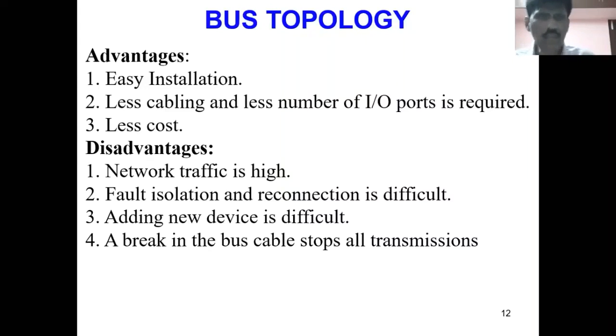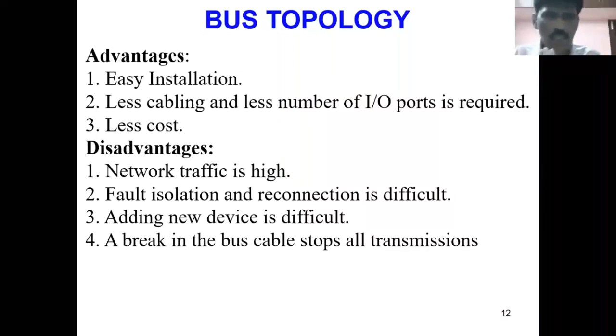Because the layout is very simple. The main reason is that bus topologies keep the layout very simple. So installation is easy, less cabling and fewer I/O ports are required. Also less cost. These are the advantages.